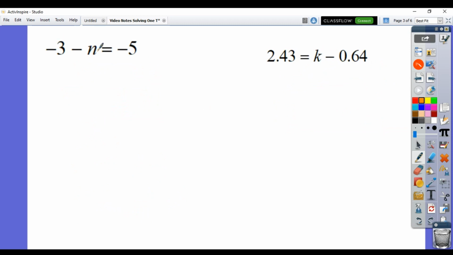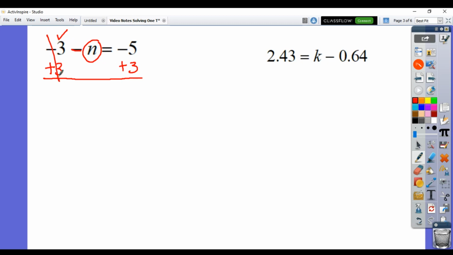Next, negative 3 minus n equals negative 5. Here, my n is right here. But take note, there's a sign before the n, which is negative. But before that, let's get rid of this negative 3 by adding 3, adding 3 here. Remember, whatever we do on one side of the equation, we do also on the other side.